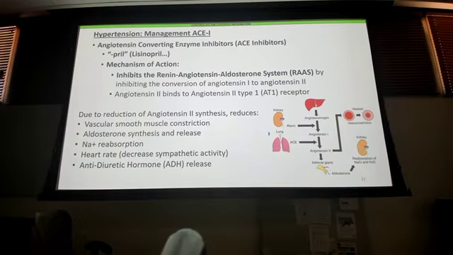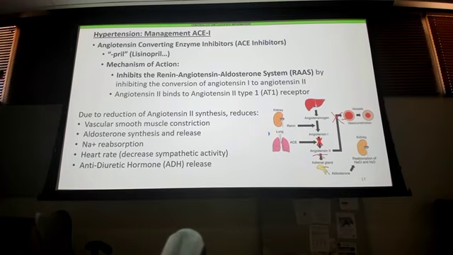We talked about how ACE inhibitors work on preventing that conversion of angiotensin 1 to angiotensin 2, so you don't get the direct effects of angiotensin 2 causing that vasoconstriction, but you also block the stimulation of the adrenal gland to cause aldosterone secretion, which then leads to sodium and water absorption.